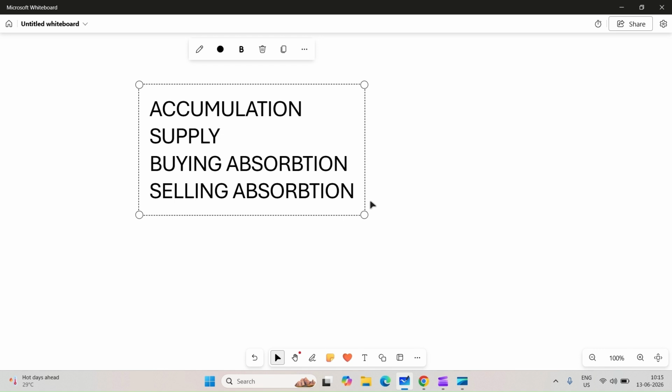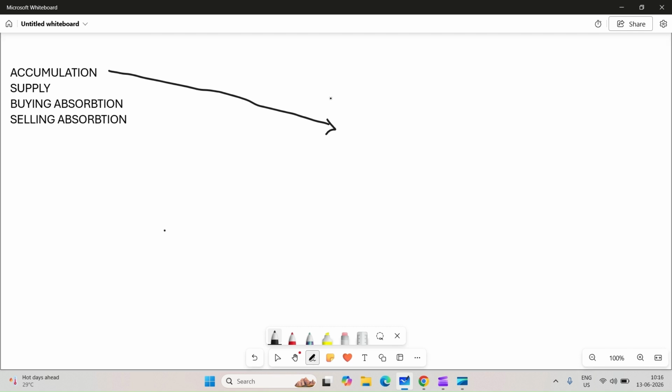The accumulation zone is basically where buyers or institutions are accumulating the stock, meaning they are purchasing the stock. Whenever this accumulation is happening, institutional buyers will try to bring the stock off radar, in the sense that this stock won't be talked about.